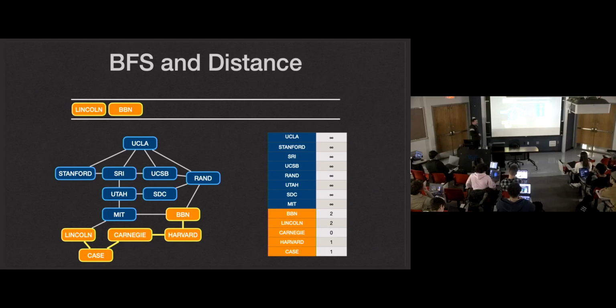And this arbitrary decision, to really track it back, it was a matter of whether Case or Harvard was added to the queue first. And Case was added first, so then Lincoln was discovered before BBN, and then Lincoln is going to get to MIT. So what actually broke the tie, what made the arbitrary decision, is in the adjacency list for Carnegie, was it Case then Harvard or Harvard then Case?